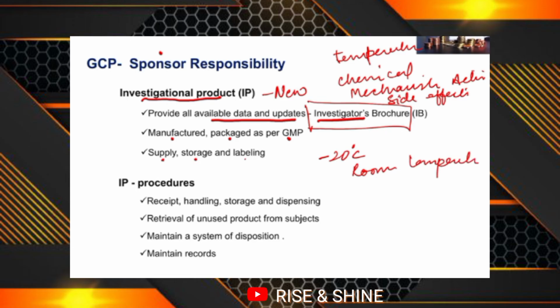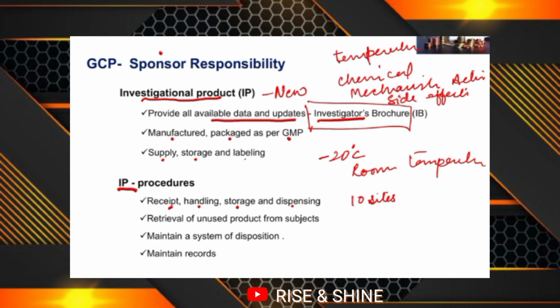Now even the IP procedure, the investigational product procedure: how to receive it, how to handle it, how to store it, and how to dispense it, because you might have 10 sites and the sponsor will be shipping this IP from one place, the manufacturing place.